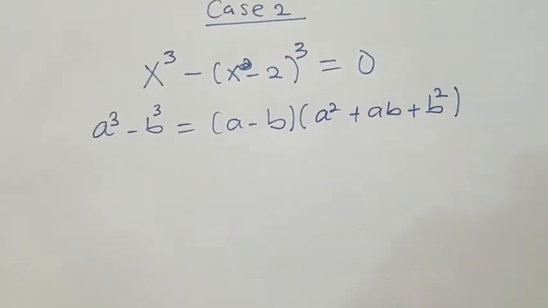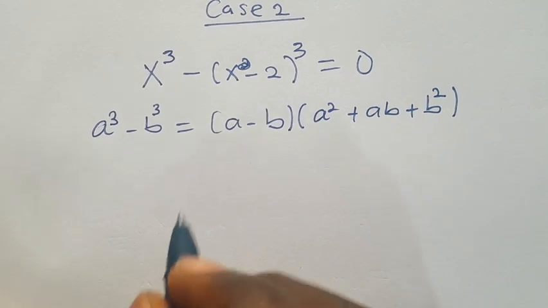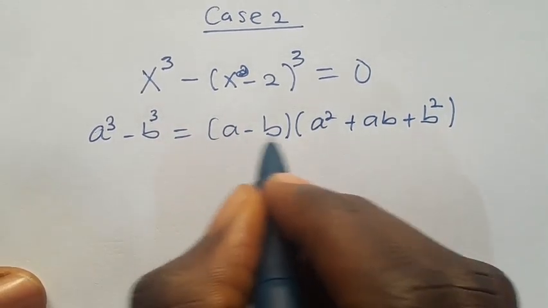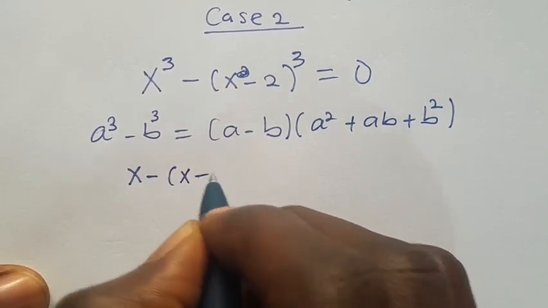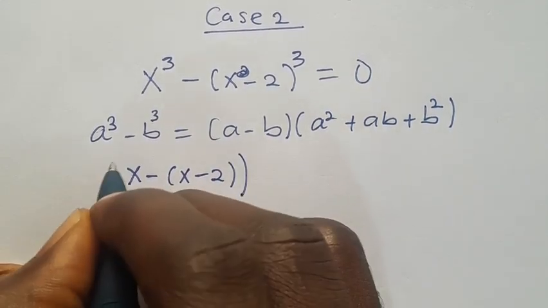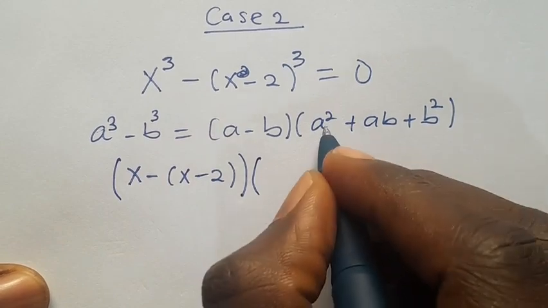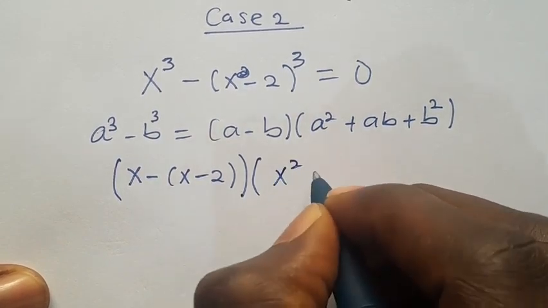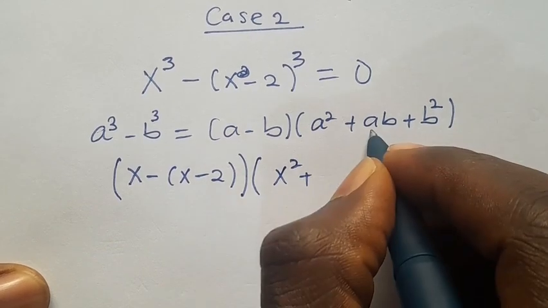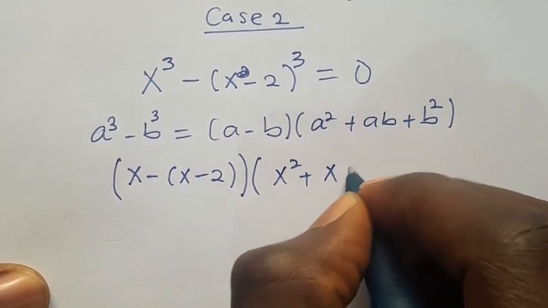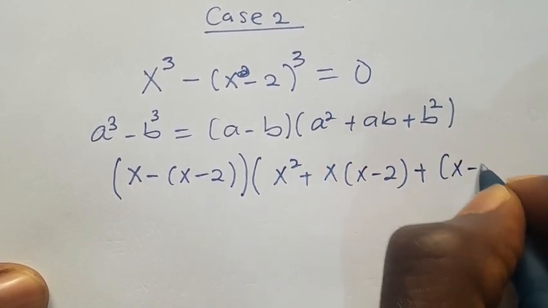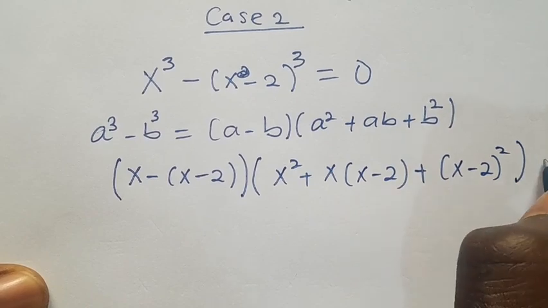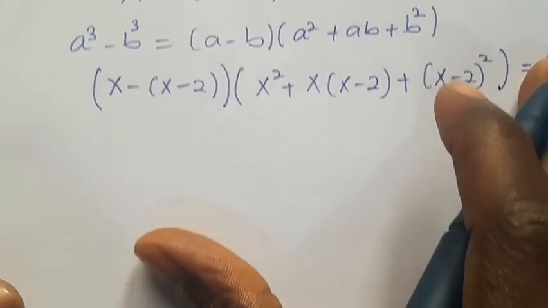So now from here we are going to have this minus this, which will be x minus (x minus 2), then multiply by x squared plus a is x, b is x minus 2, b squared will be x minus 2 squared, then we have everything equal to 0.